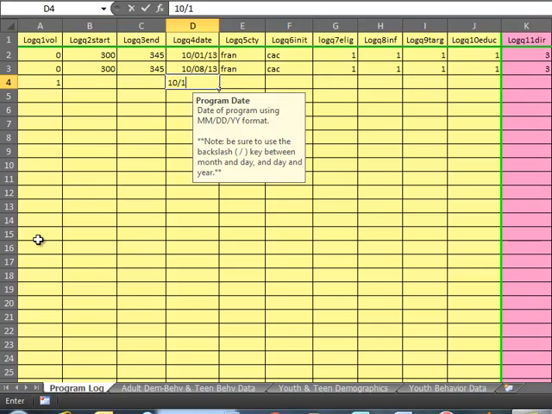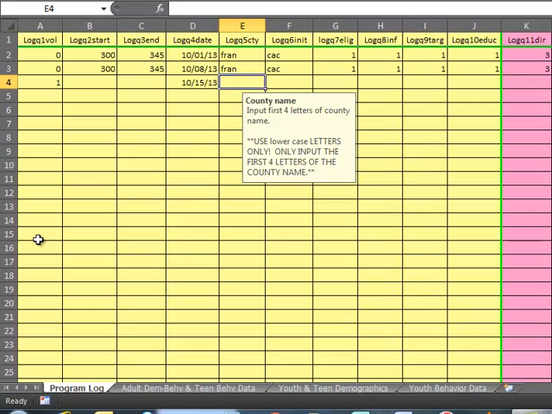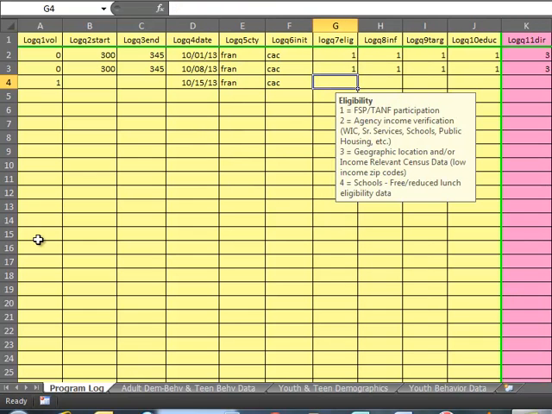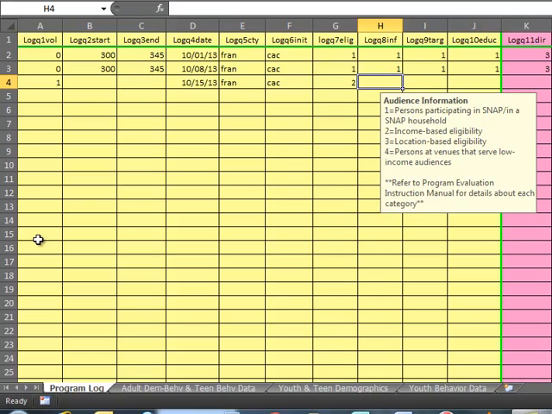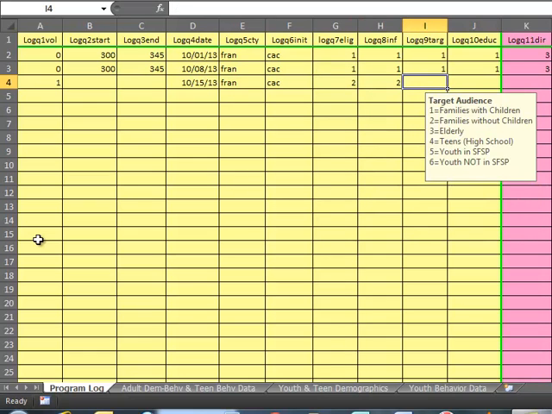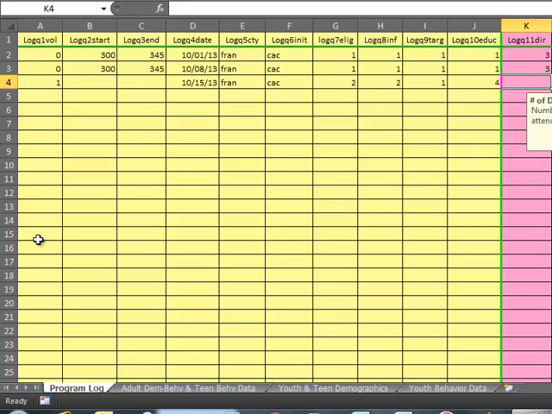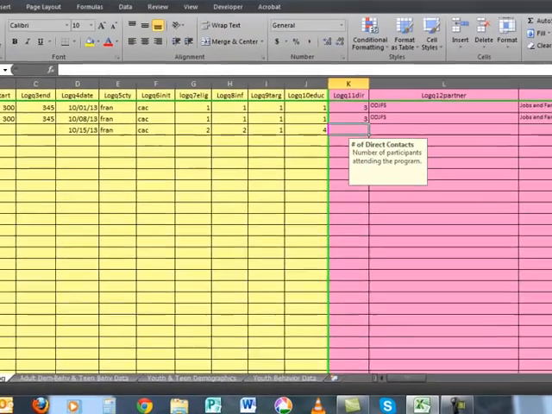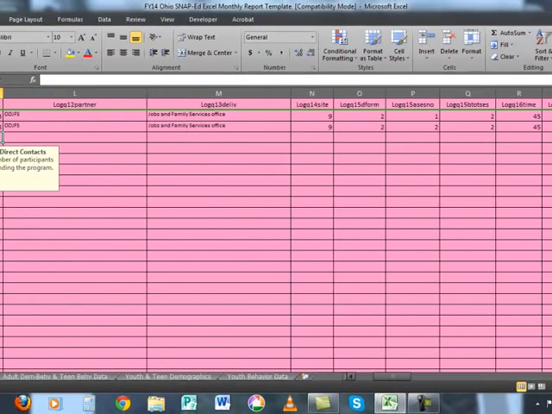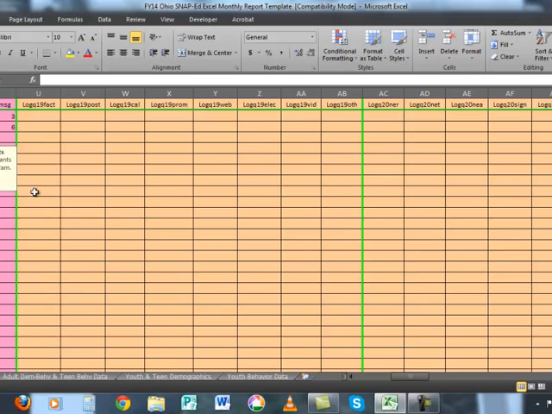And so this indirect program was on 10/15, and it was agency income verification for WIC, income-based eligibility, the target audience was families with children, and this was an indirect education. Because it's indirect, we will skip these pink columns that correspond only to direct education programs.